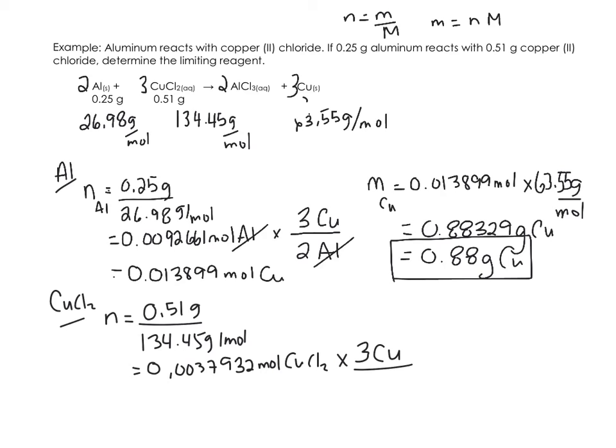We want to get rid of CuCl2, so it goes on the bottom. CuCl2 cancels. 3 divided by 3 is 1, so we have 0.0037932 moles of copper.